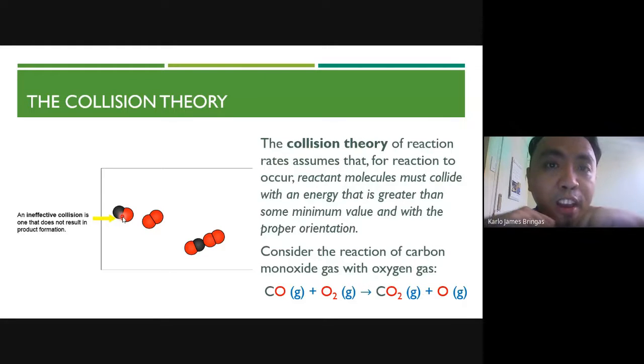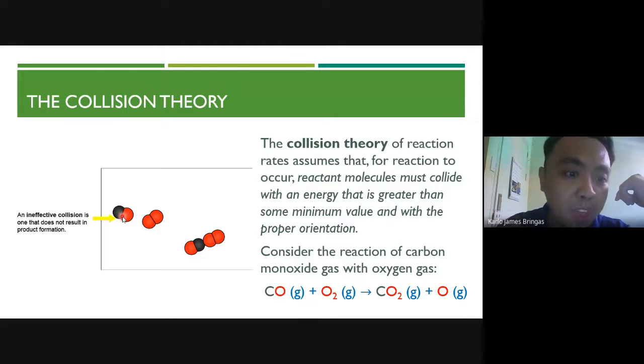If you have billiard balls as a way to visualize this, you can just imagine two billiard balls bouncing off one another. Nothing has occurred. Since no product has formed after these two have collided, we have what we call an ineffective collision.